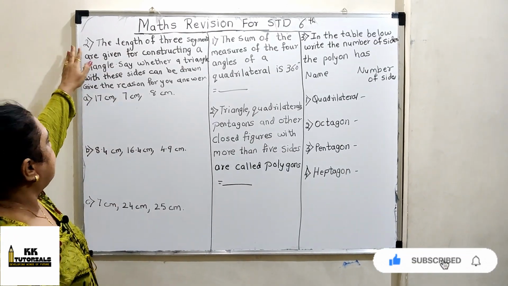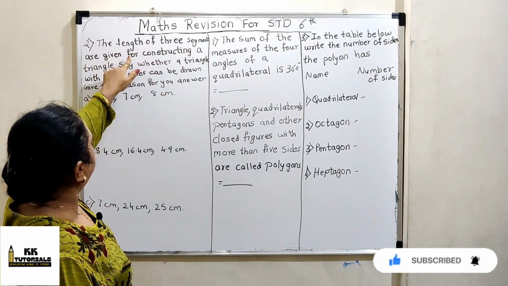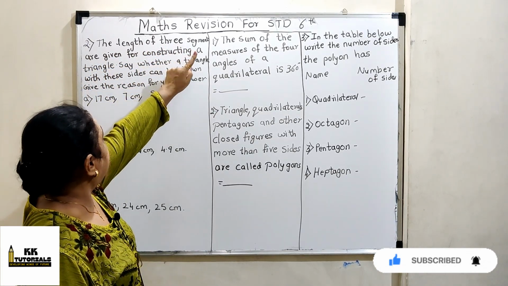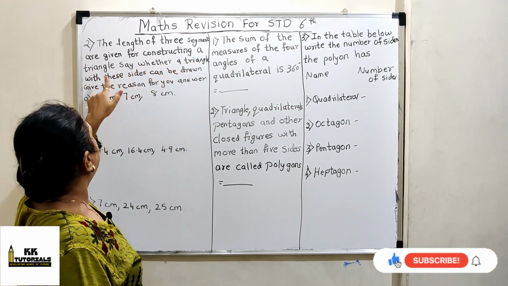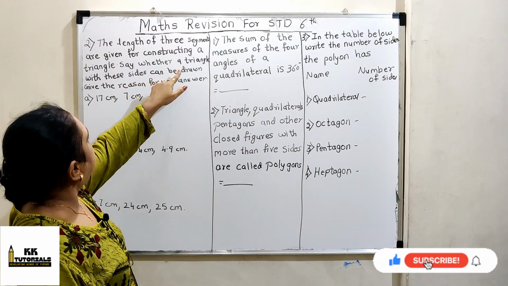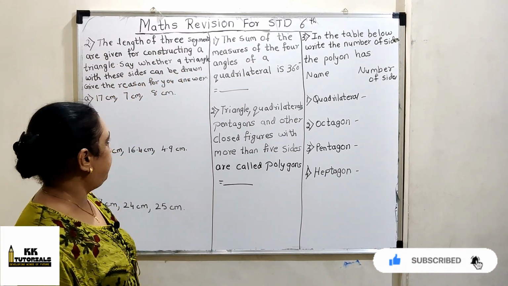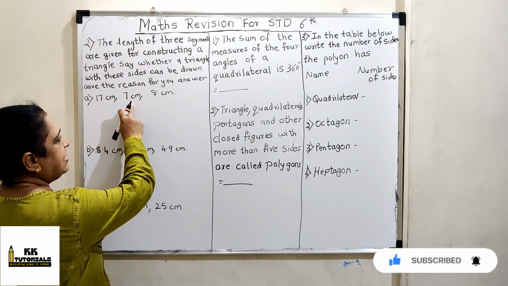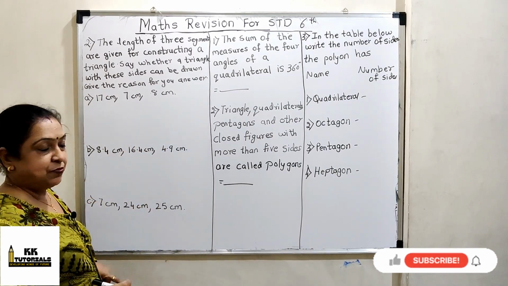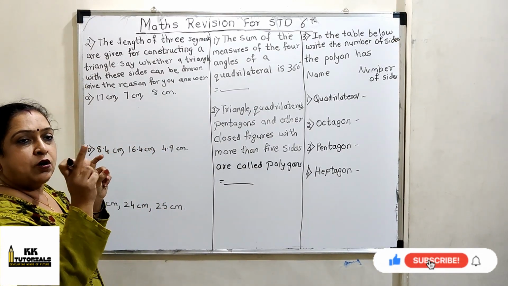Okay. So now we'll solve this sum. The length of the three segments are given for constructing a triangle. Say whether a triangle with these sides can be drawn. Give the reason for your answer. Now, 17 centimeters, 7 centimeters and 8 centimeters. In this sum, what you have to do is, you have to take two smaller numbers.